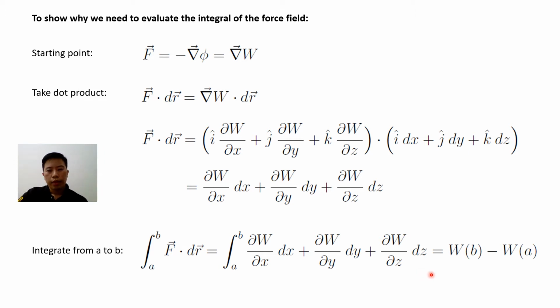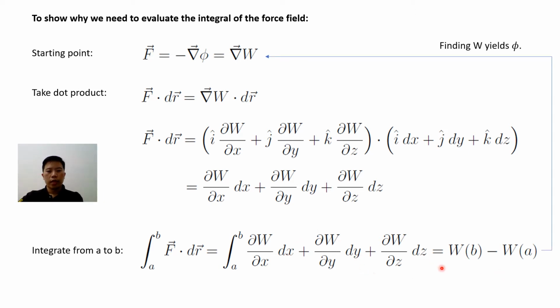And then finally your line integral, the w, is just simply the value at point B minus A. So this shows that my equation, which I showed in the previous slide, w equals to integral of f dot dr. So that is one equation that you must always remember. It gives you the relationship between your scalar potential and your f, your force field.